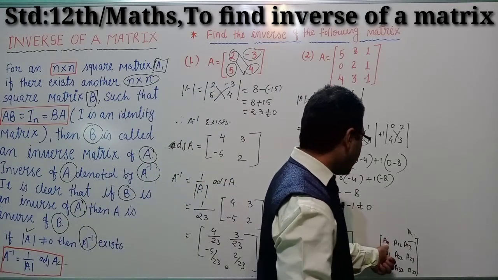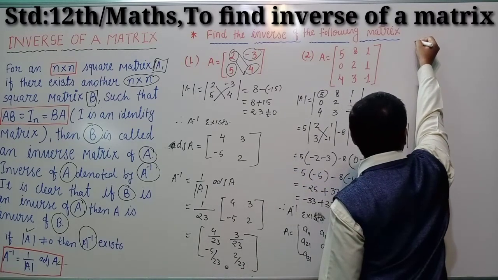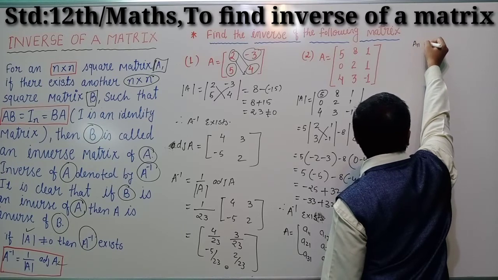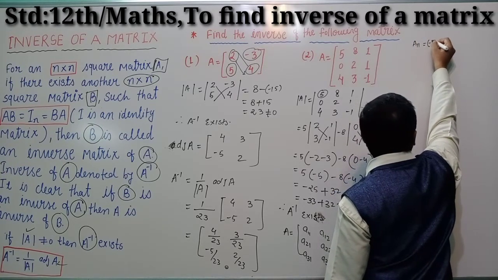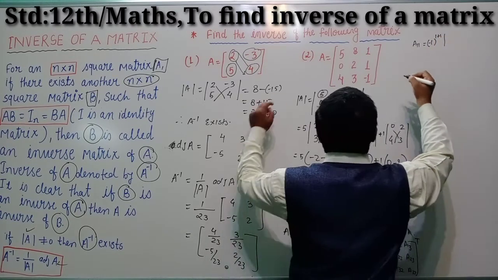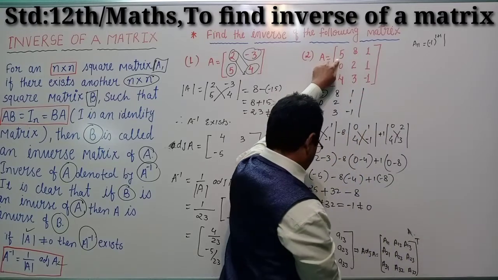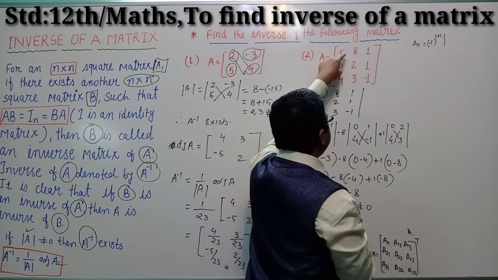So first of all, your target is to find A11, right students? For A11, first row first column, it is minus 1 to the power 1 plus 1. So you are finding the cofactor of A11. Do not write these elements and these elements.